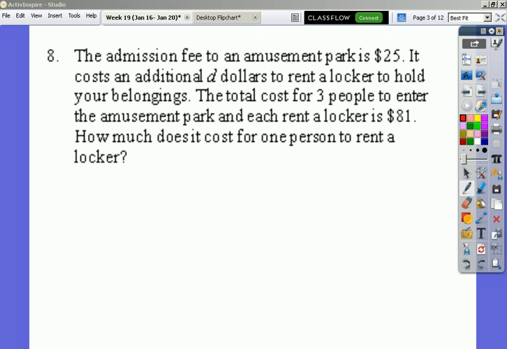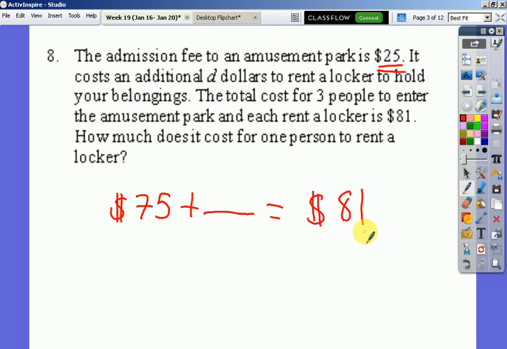$25 is the standard fee to enter the amusement park. So for 3 people, how much is that? $75. So we already know that we have $75 plus something is going to equal the $81. What else is important in that word problem?